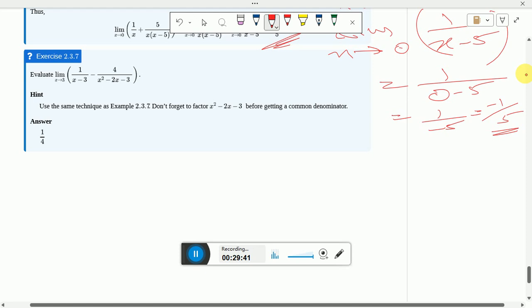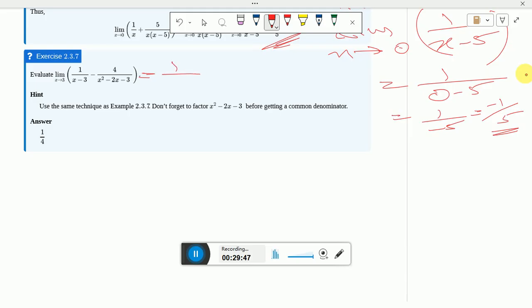Now look at the next example, where the limit x approaches 3. If I put 3 for x, 1 over 3 minus 3, minus 4 over x squared minus 2 into 3 minus 3, that is 3 squared, 9, minus 6 minus 3.